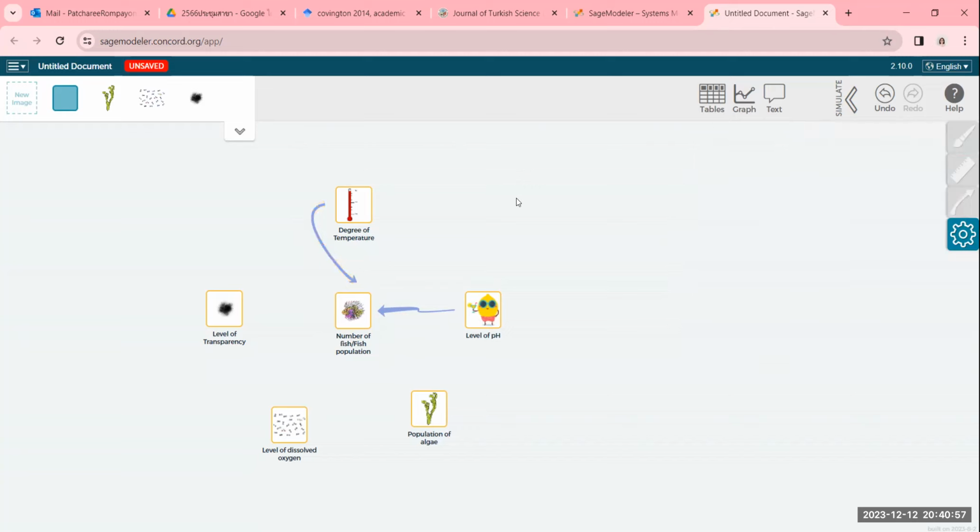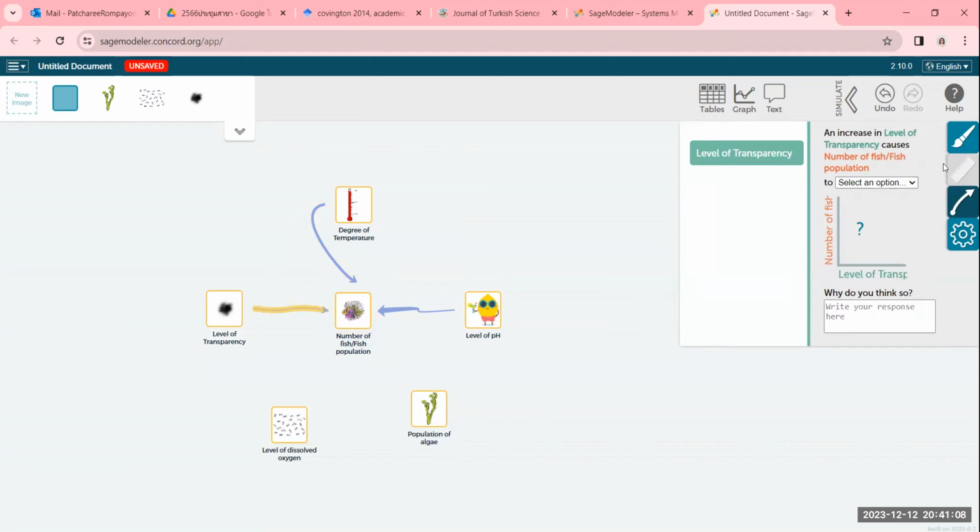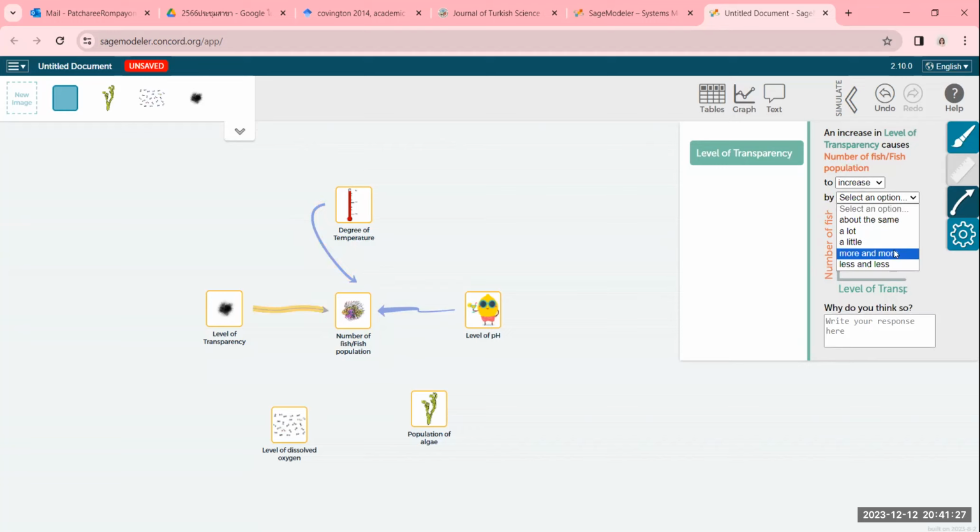Then level of transparency or turbidity. Okay. Then relationship. Increase the level of transparency, which means that it's more clear, right? Yeah. So the number of fish will be increased too. Increase. Yes. More and more. Reason. Select an option.